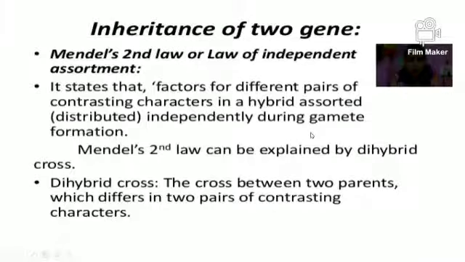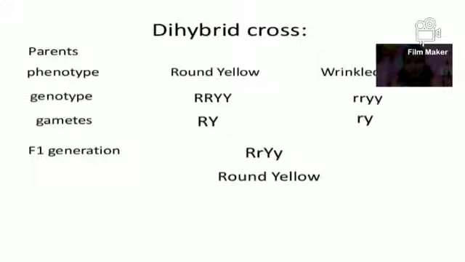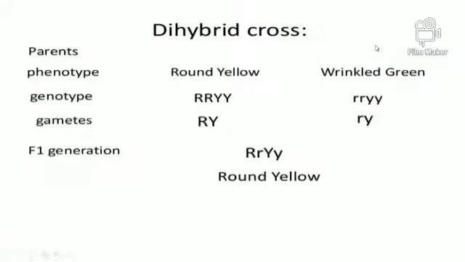The law of two genes, Mendel's second law, that is the law of independent assortment, deals with the dihybrid cross, the cross between two parents which differ in two contrasting characters. For the dihybrid cross, we take two different characters: round seed with wrinkled seed, and yellow color with green color.